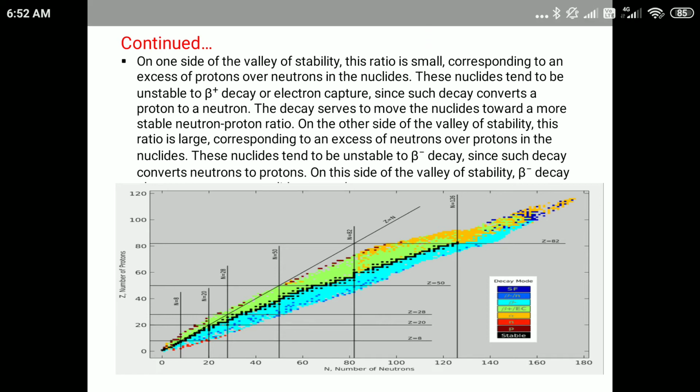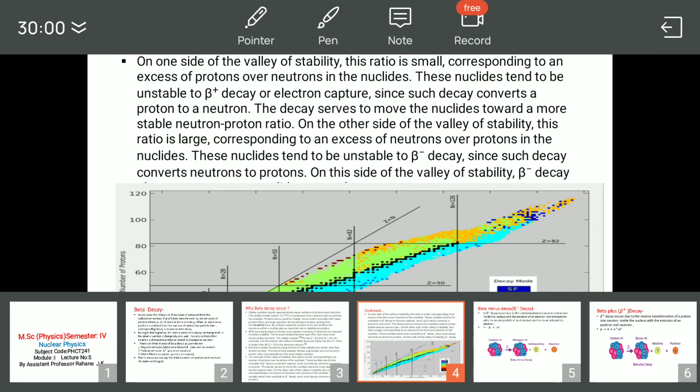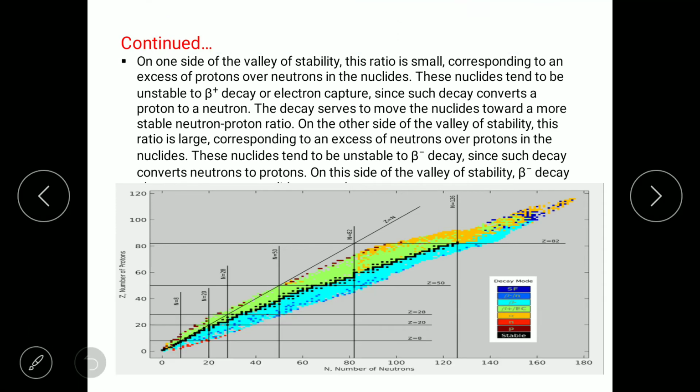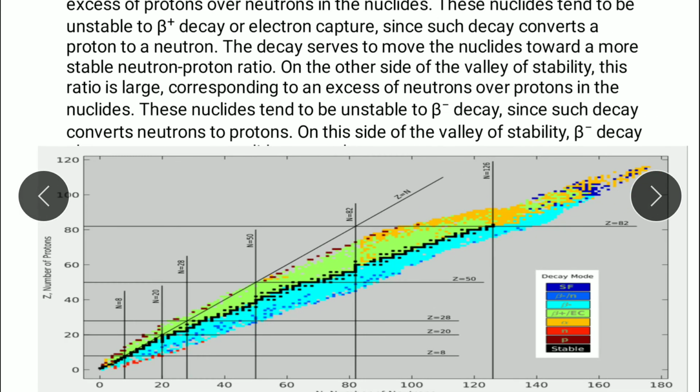Now, see here, in this graph, up to proton number 20 and neutron number 20, means here what happened?